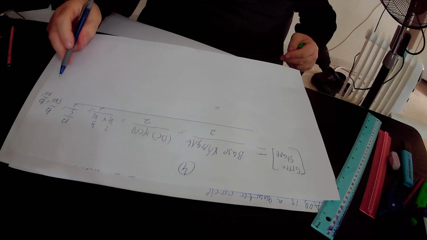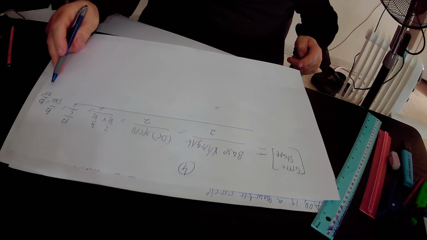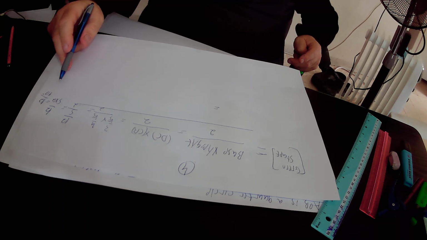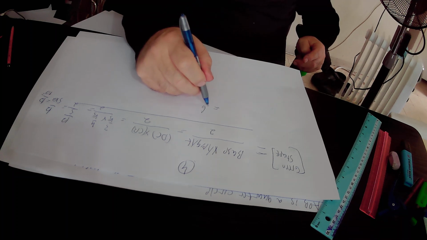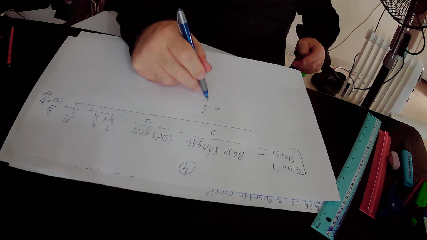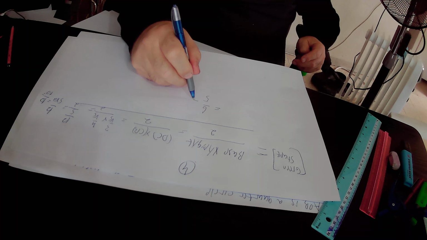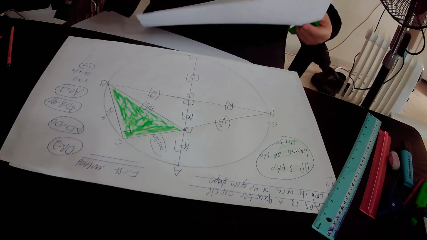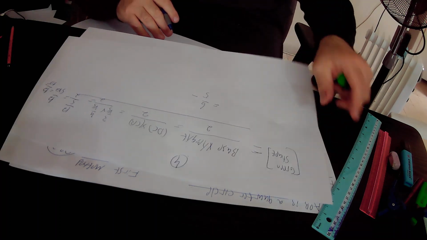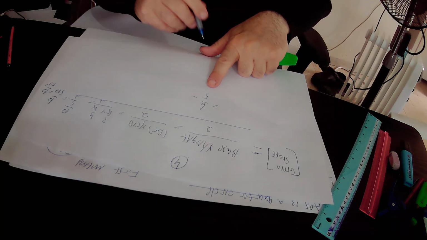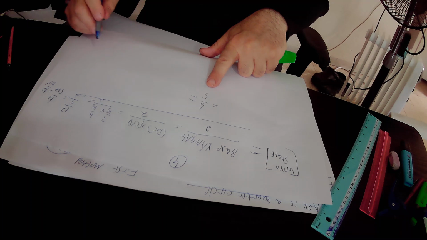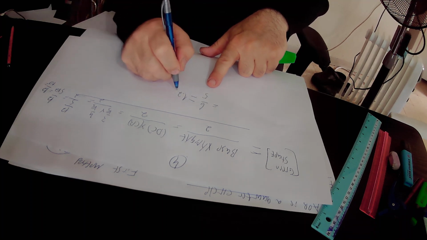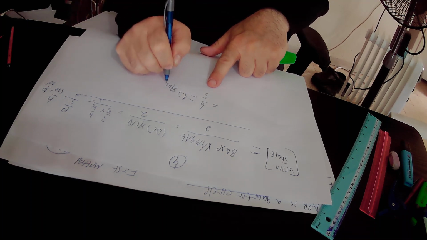Here we divide both the numerator and the denominator by 2. 12 over 2 is 6, and 10 over 2 is 5. So the conclusion: the area of this green shape equals 6/5 square units, or in decimal terms, 1.2 square units.